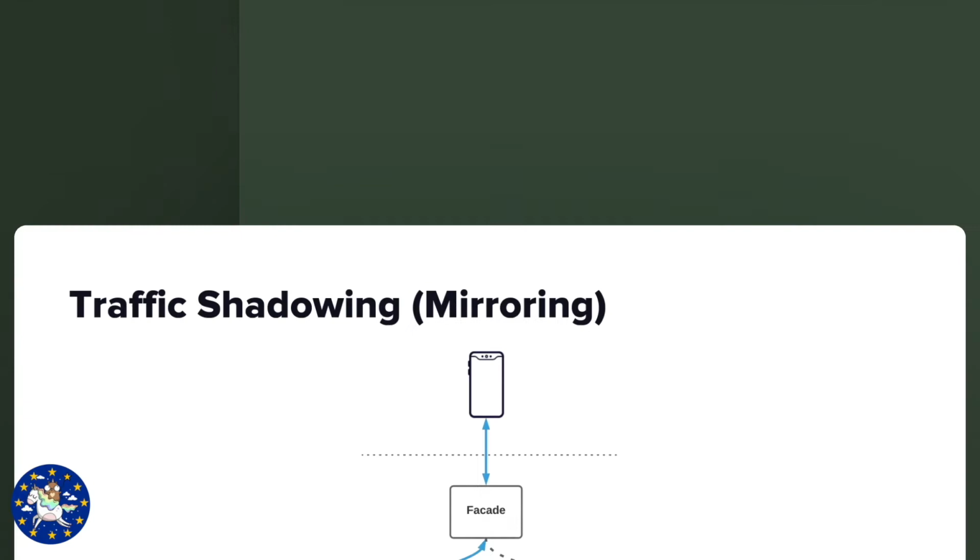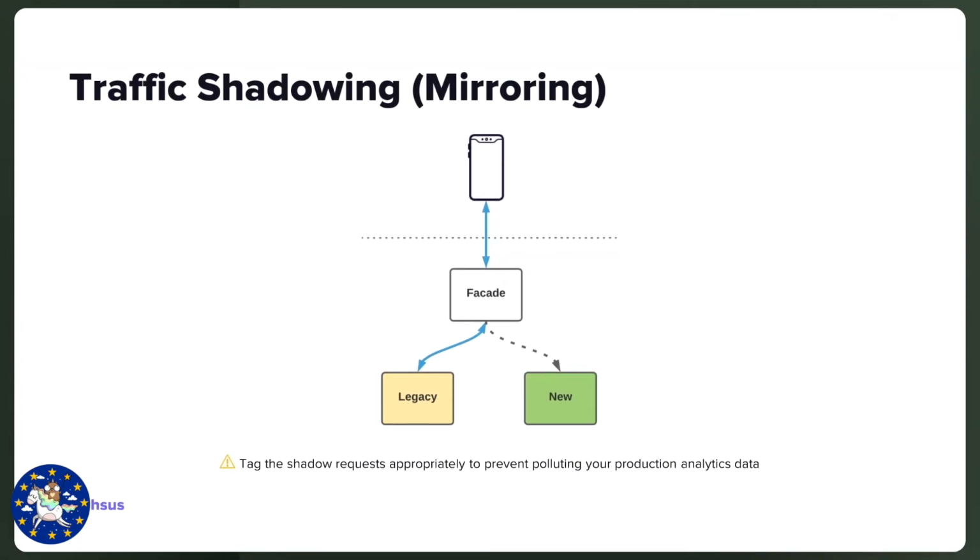Another thing that the facade lets us do is traffic shadowing or traffic mirroring, where we mirror the incoming request and send it to both the legacy and the new system. Now, the difference between shadowing and splitting is that we do not use the response that we get back from the system that we are shadowing the request to.